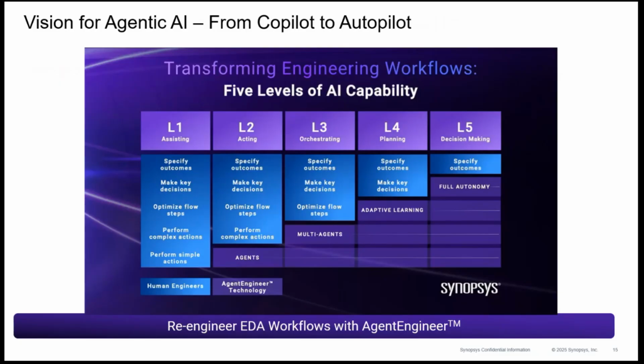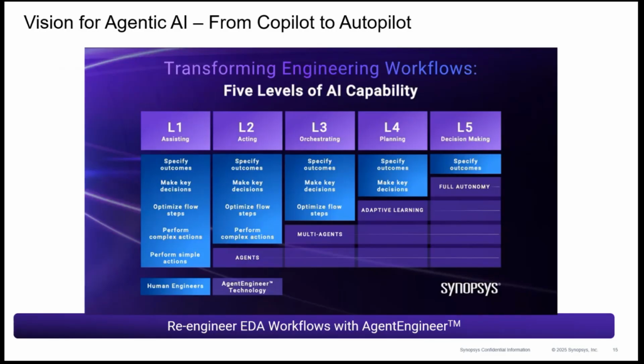I'm sure you would have seen the slide multiple times today or in the past, but this is the L1 to L5 capability, and this is how we see it in Synopsys. We like to call it re-engineering the engineering, and it's a trademarked technology.